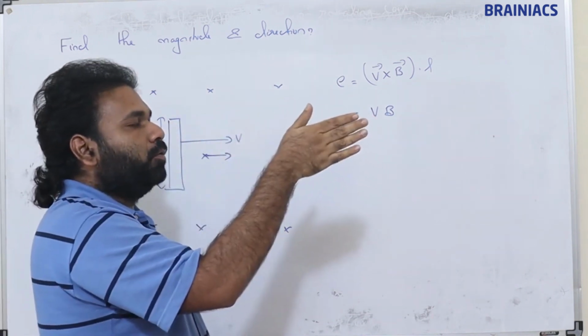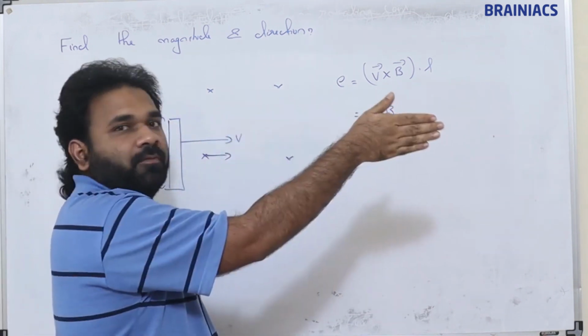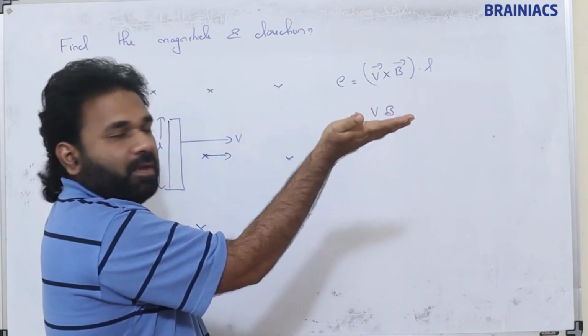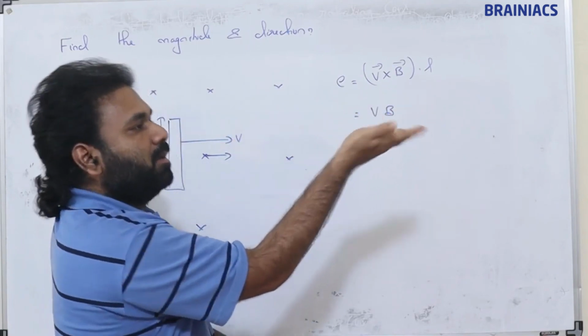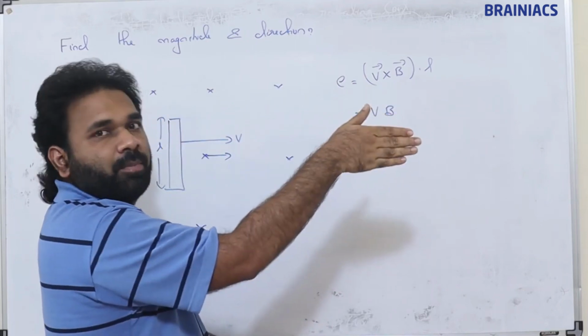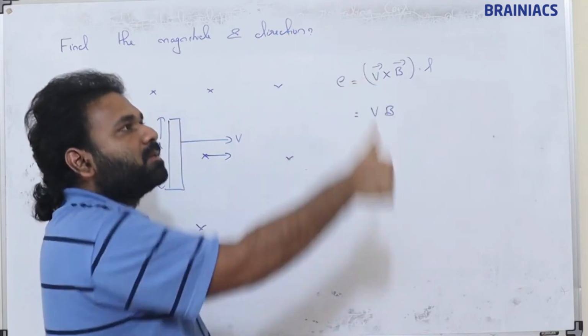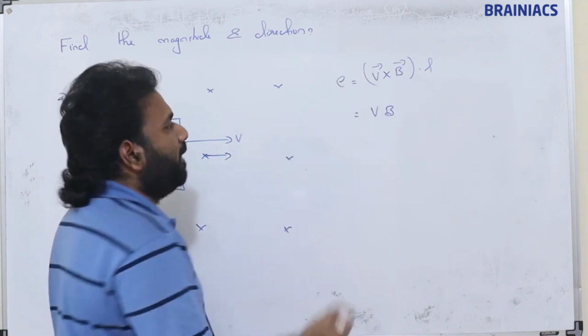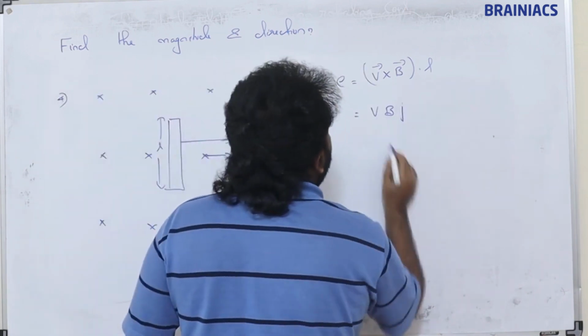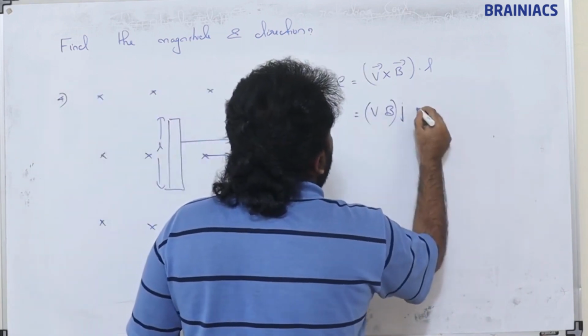V cross B means take the direction of V, and magnetic field inside means we will have to curl like this. So curl. This will be the direction of what? V cross B. So V cross B will be getting J dot L.